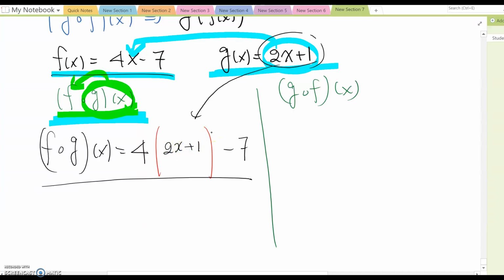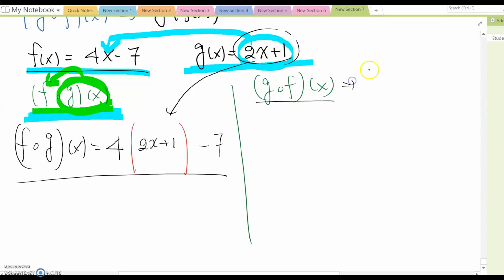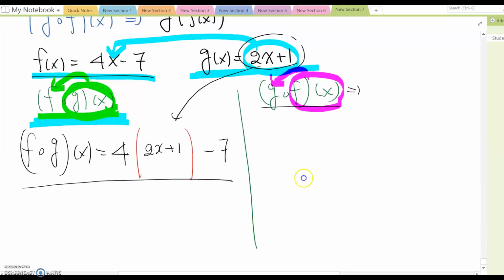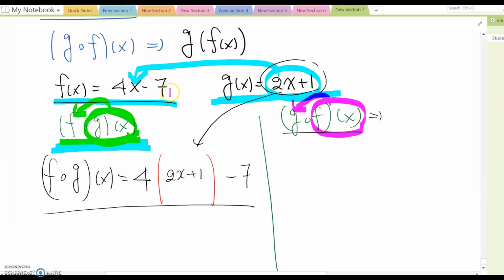Before I simplify f of the g function, let's look at this first. This means we are plugging f(x) into g(x) here, right? Similarly to what we have done here, this f(x) will be going into this. As you see with this purple marker, g open dot f(x) will follow the g(x) format.